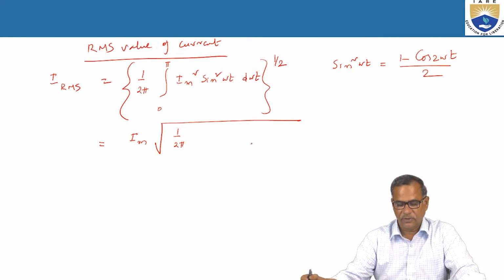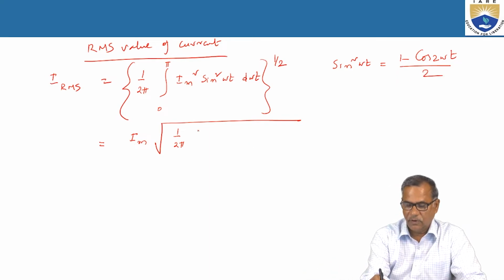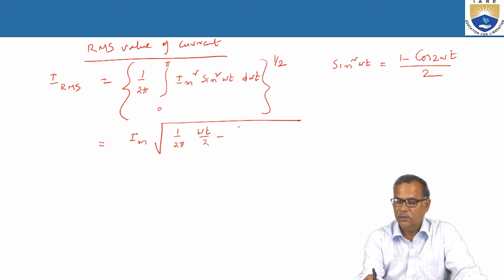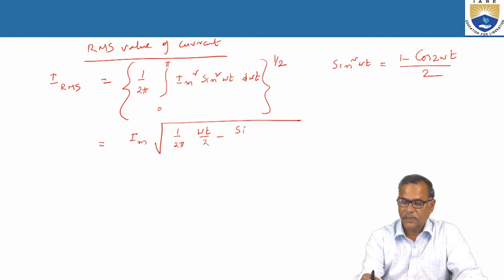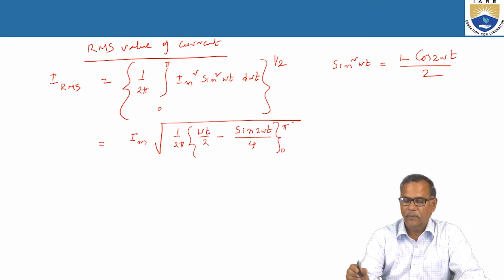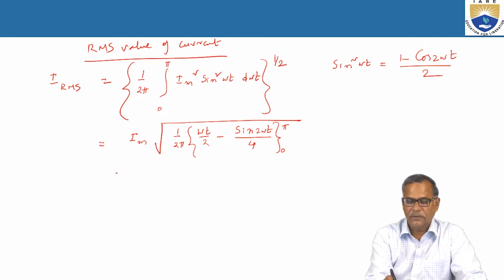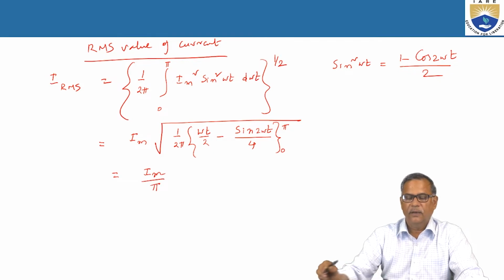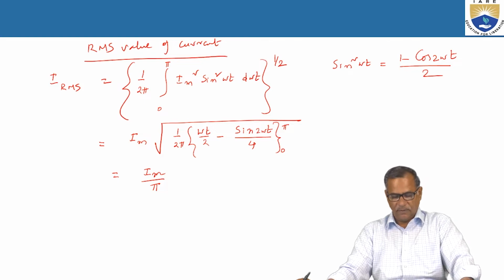Then we do the integration and we get omega t by 2 minus sine 2 omega t divided by 4, and we evaluate it between 0 to pi. Simplifying, we get the root mean square value as Im by pi.